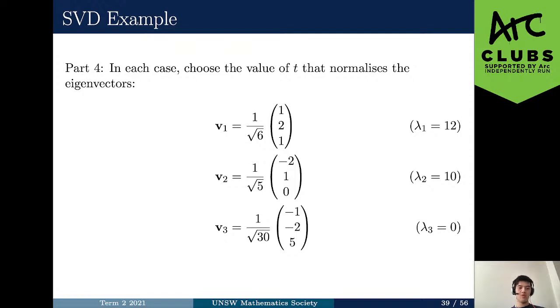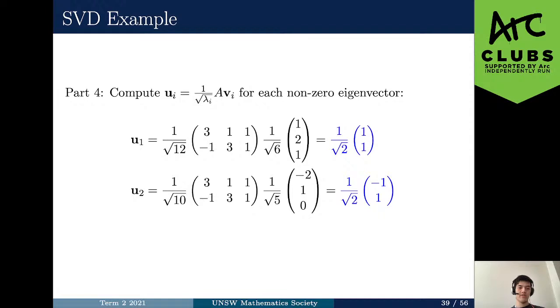So all of them have been normalized, and this is now an orthonormal basis for R3, and that's just our matrix V. And to get U, we just need to substitute into this equation. So for V1, it's got an eigenvalue. Remember, lambda I is just the eigenvalue corresponding to it. Root lambda I is just a singular value. So you might also see this written as 1 over sigma.